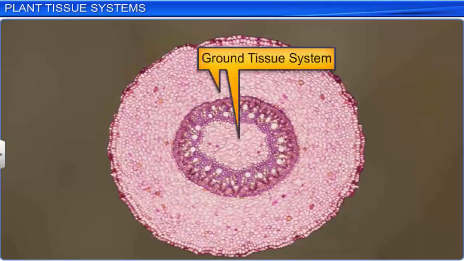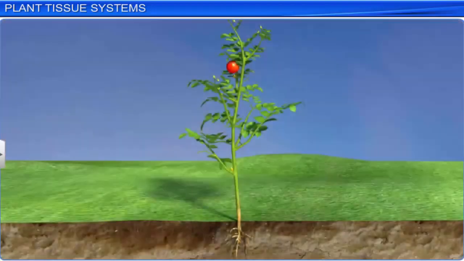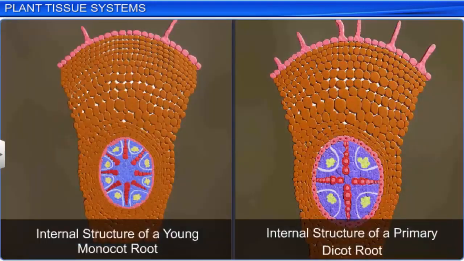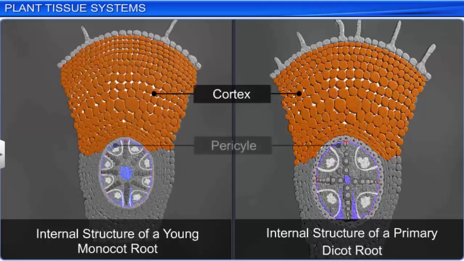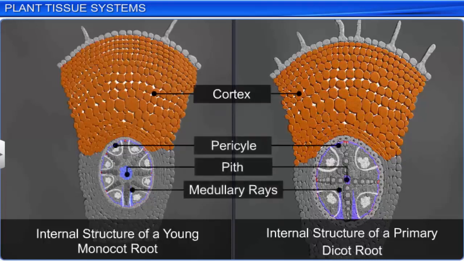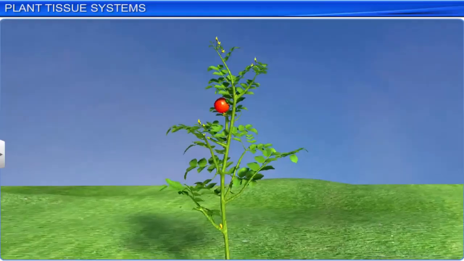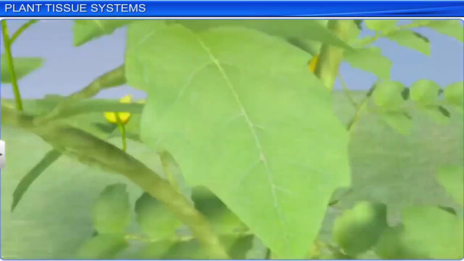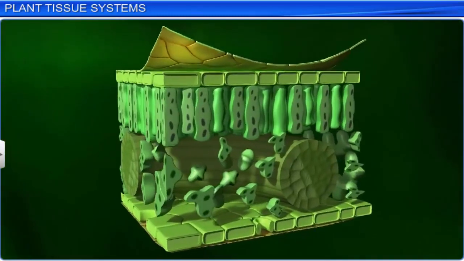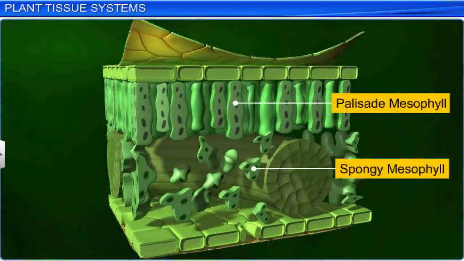The ground tissue in primary stems and roots consists of parenchymatous cells found in the cortex, pericycle, pith, and medullary rays. In the leaves, ground tissue is composed of thin-walled chloroplast-containing cells, collectively called mesophyll.